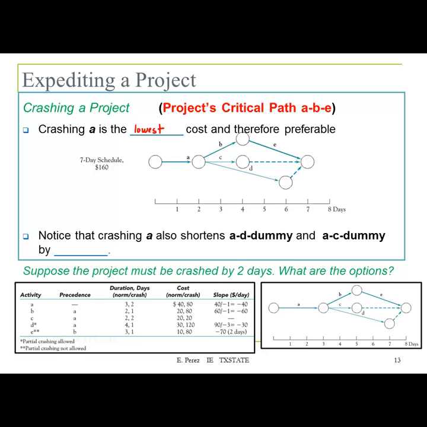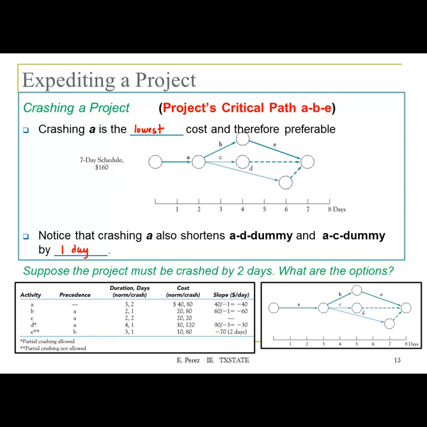So if we shorten this one, that will also reduce the duration of this path. Those extra paths are going to be reduced by 1 day as well. So if I ask you to reduce the project by 1 day, that will be the way to go.